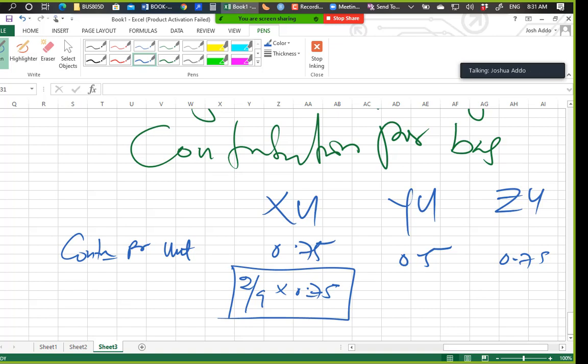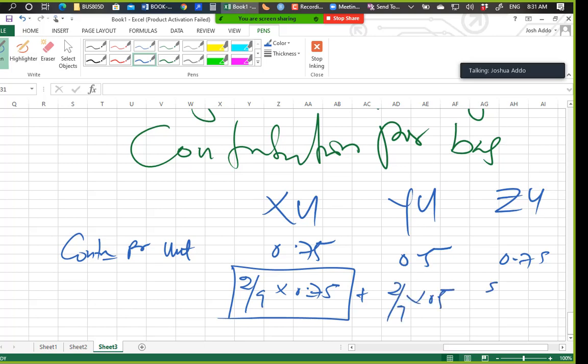We are weighting your contribution by the quantity you are bringing into your bag. You do the same to this: 2 over 9 times 0.5.